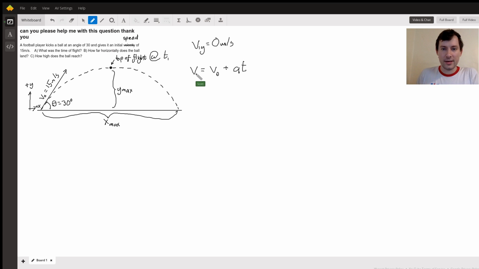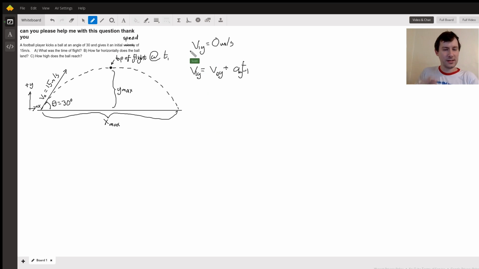We know that the y component for velocity at some given time, initial velocity, and acceleration in that direction, that equation holds true for both the x and the y directions. And if we're interested in time 1, then we're looking at v1y.